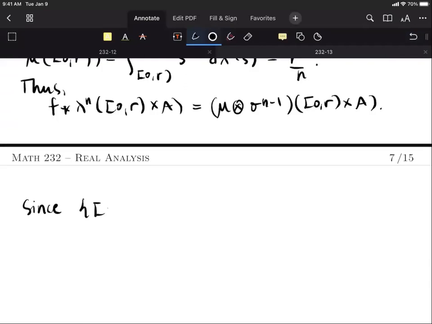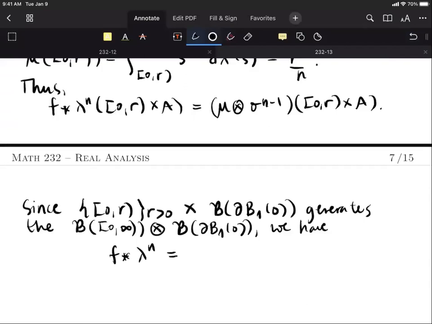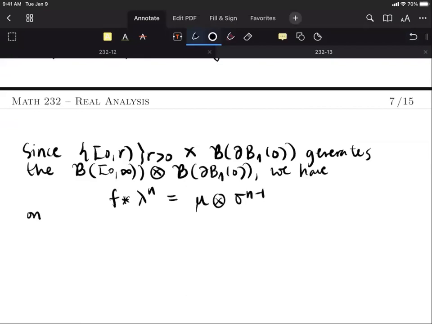since the Cartesian product, these collections are positive, and the Borel sigma algebra on the unit sphere generates the product sigma algebra, namely this one, we have the claim, namely that this image measure coincides with the product measure on this Borel set and this Borel set on the unit sphere.